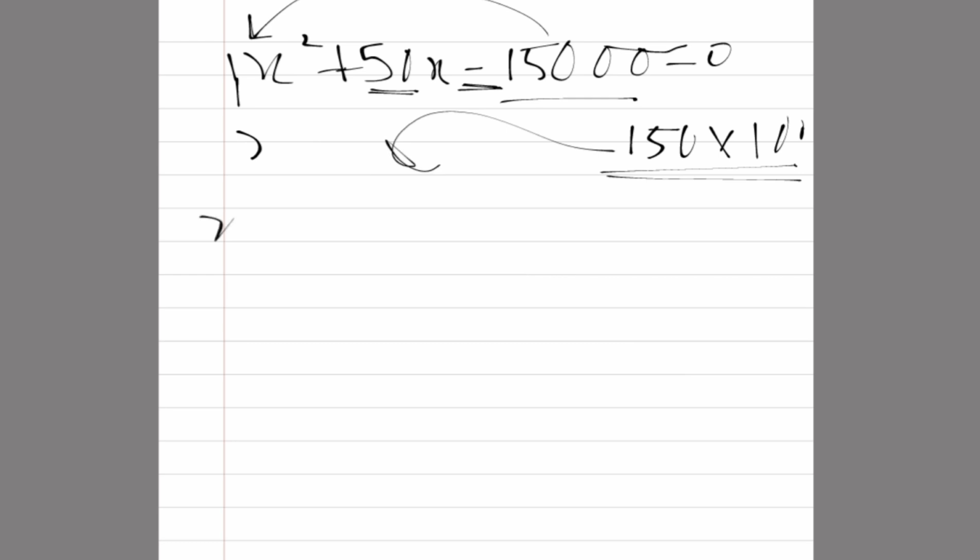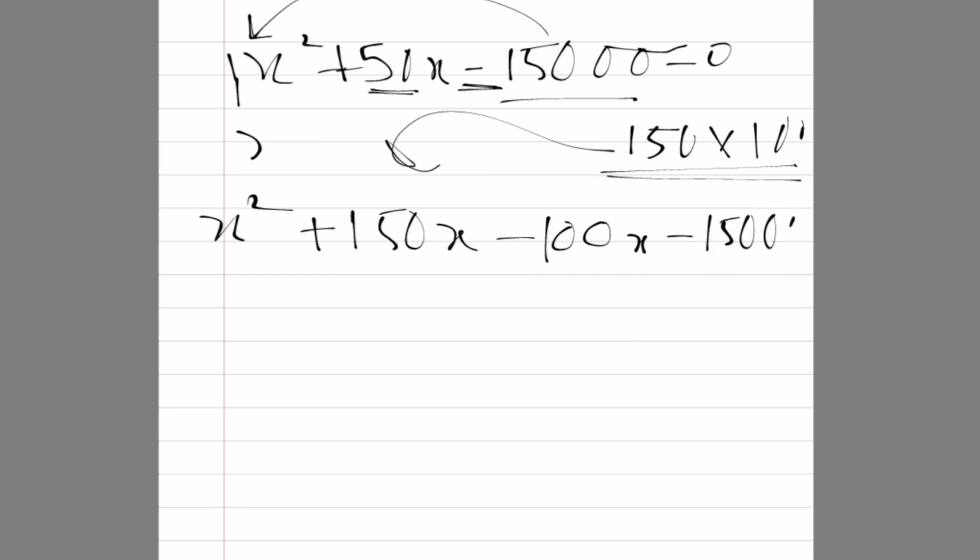Now I'm substituting these factors in the equation. We will get x square plus 150 into x minus 100 x minus 15,000 is equal to 0.